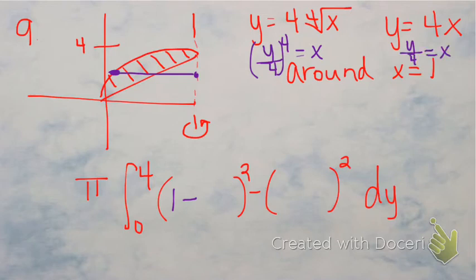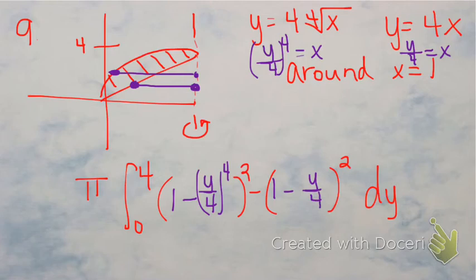So it'd be 1 minus the curve, which is y over 4 to the 4th. And then the second one, do the radius again from where you're rotating to the inside. So that is 1, and that is the line. So 1 minus y over 4.